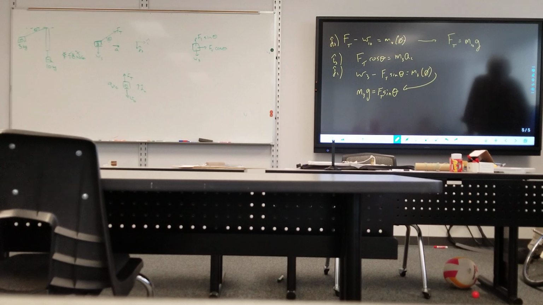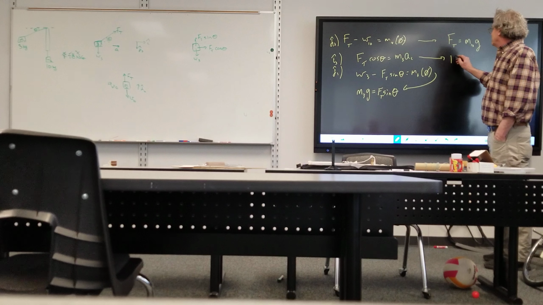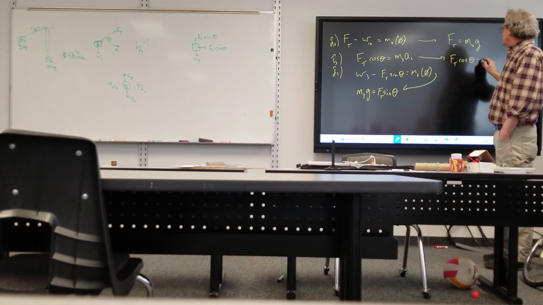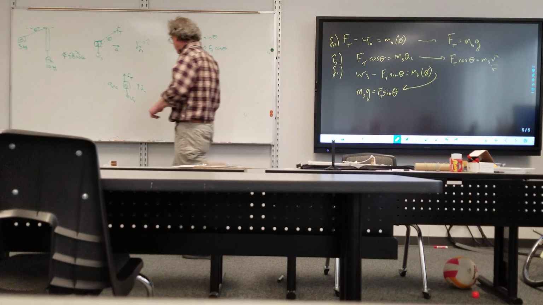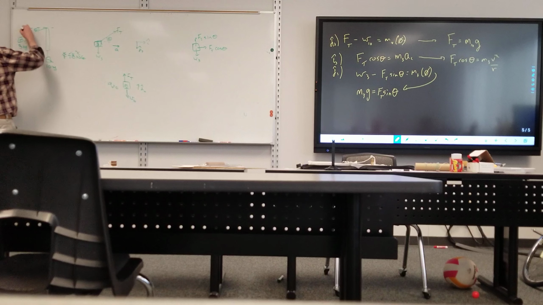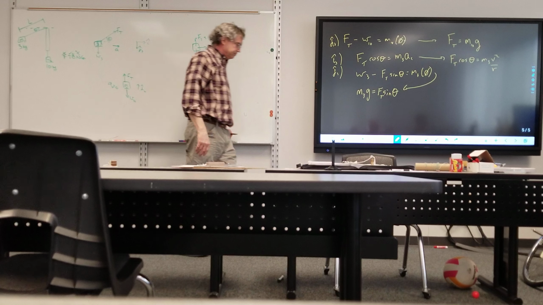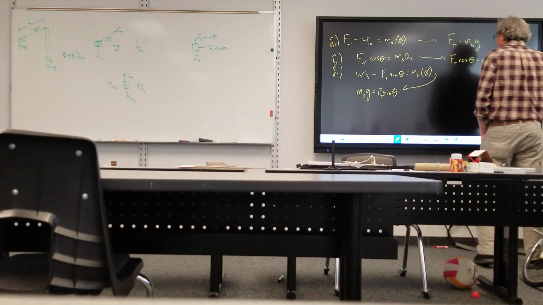What is the formula for a? v squared over R. Yeah. So F_T cosine theta equals M3 v squared over R. In terms of what you actually know, we'll technically do the center of mass to here, we'll make that distance L. So I have three equations now.